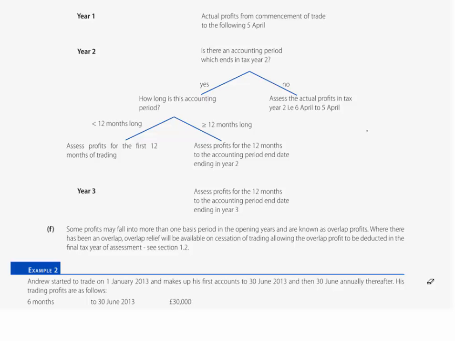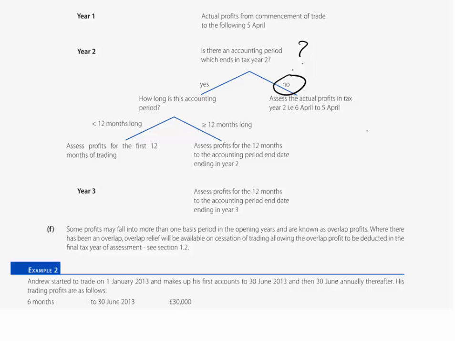Well, now we come to the last of the scenarios that we may have to deal with in any exam question. We're back with that original question: do we have an accounting period ended in the second tax year? The answer is no. And it will obviously have to be a long opening period that we have now started our trading with.